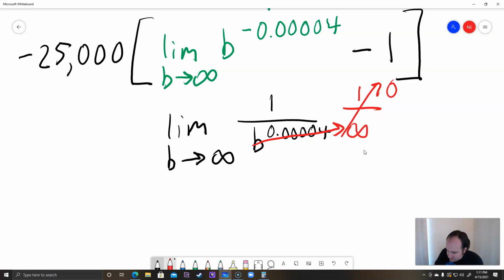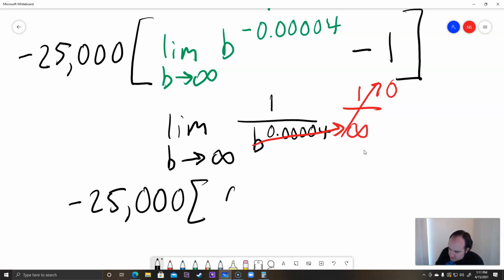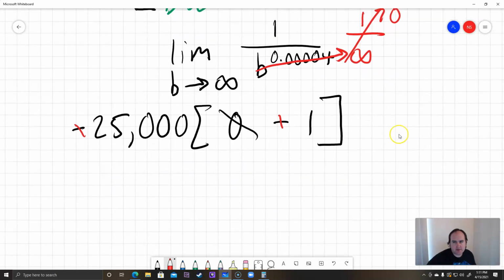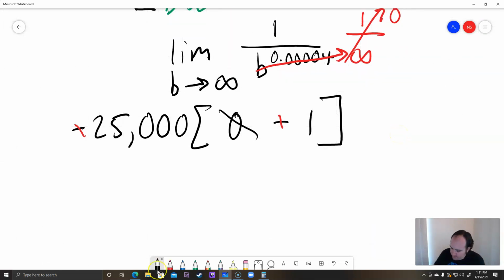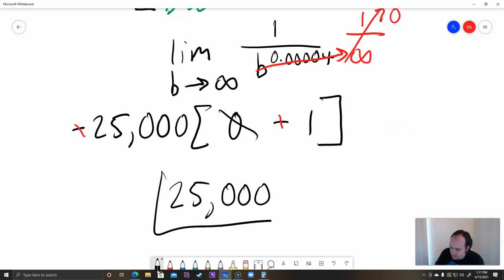Okay, so really all we have here is negative 25,000 times 0 minus 1. Okay, we don't need that 0. The negatives cancel out, and 25,000 times 1 is 25,000. So here our answer is actually just going to be 25,000.